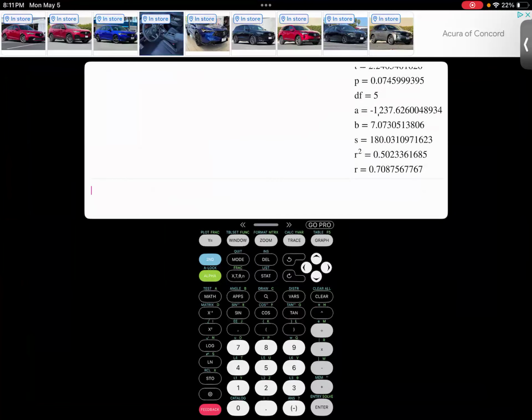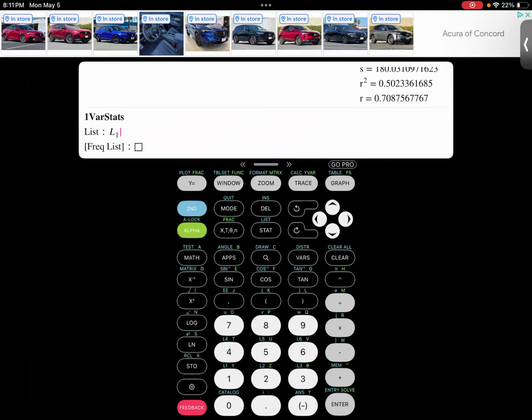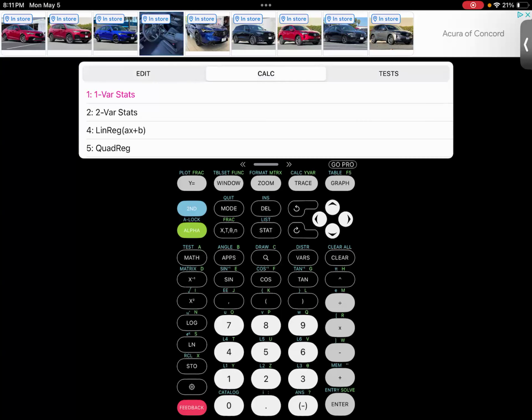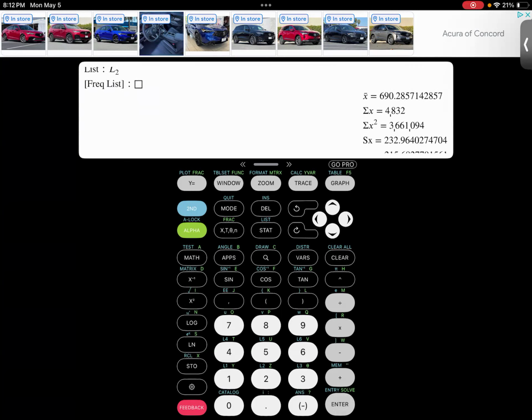We can go to stat, press calc, click on one-variable stats, and we've got to make sure we replace L1 with L2. So delete, and second list 2. If we hit enter, then we get our mean, y bar, which is 690.229.